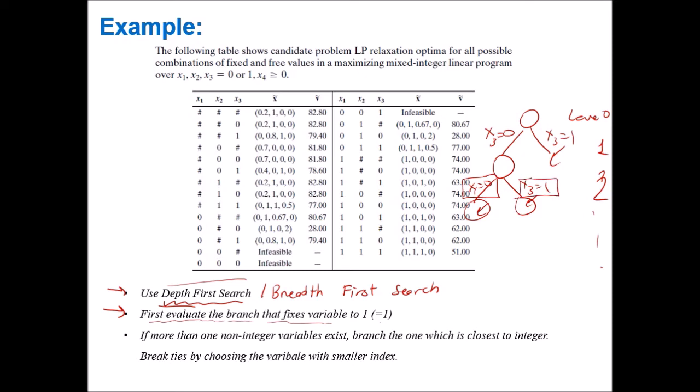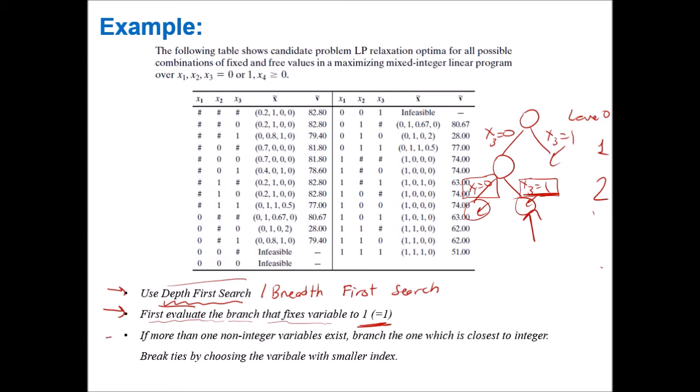Which one should I select first? According to this rule, we will first select the alternative where we fix its value equal to 1. In some examples, we don't have this rule, and if we don't, we can select one of them arbitrarily. But in this example, since we are given the rule, we need to implement it.